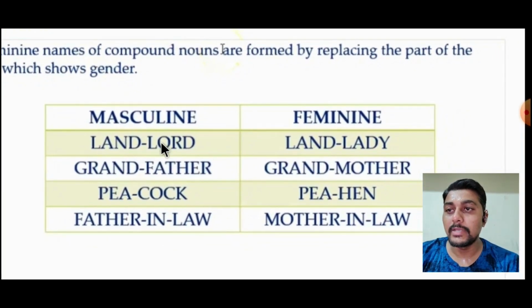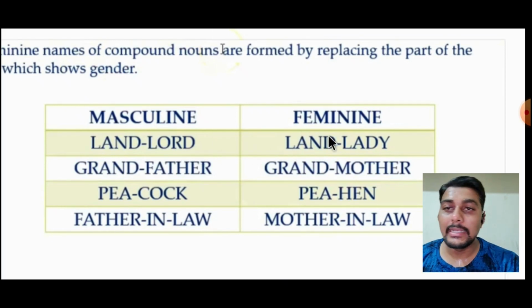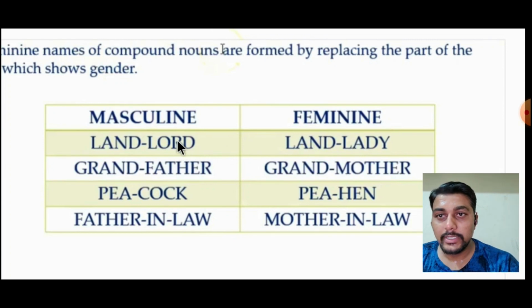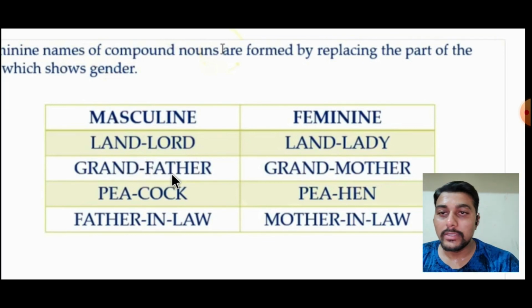The first example is landlord, and we have to change it to landlady. So lord becomes lady. Understood? Here we have to change this word into feminine. Lord becomes lady. Grandfather becomes grandmother.